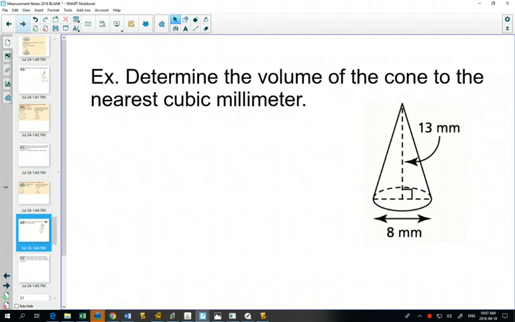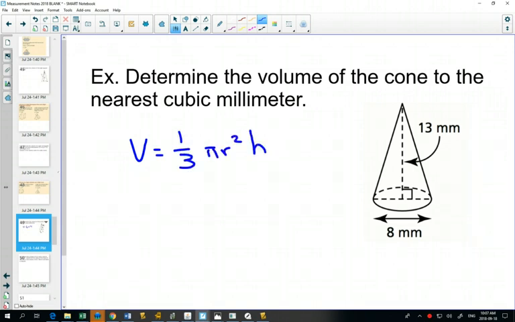Now our volume formula for a cone, and it's a good idea whenever you're working with formulas to write out the formula first and then take the time to fill things in. I want to find my volume. I know my height is 13, and it's not my slant height this time.